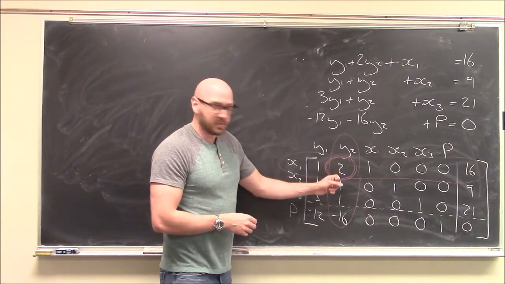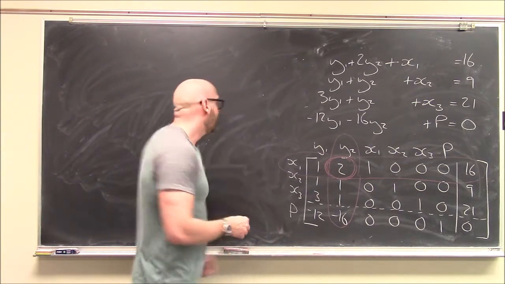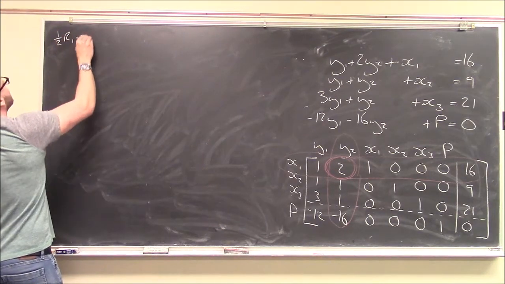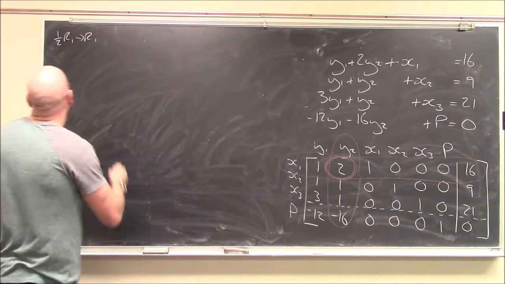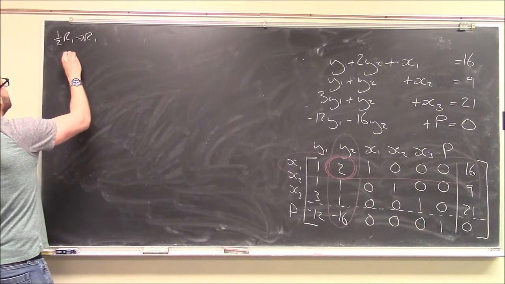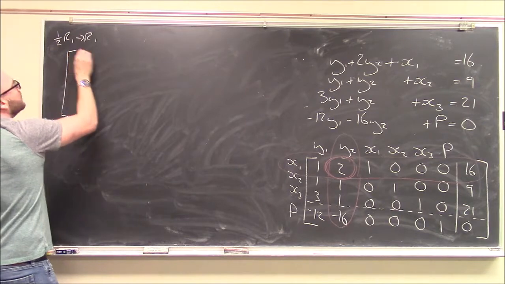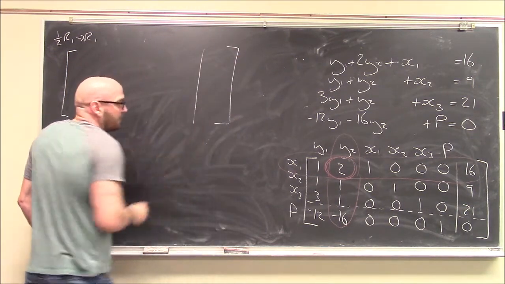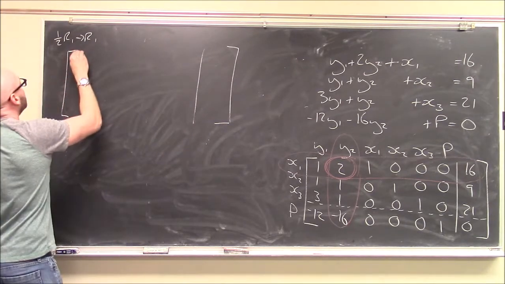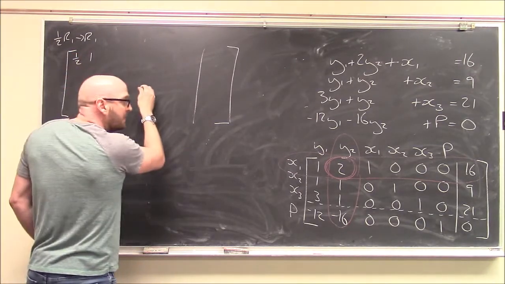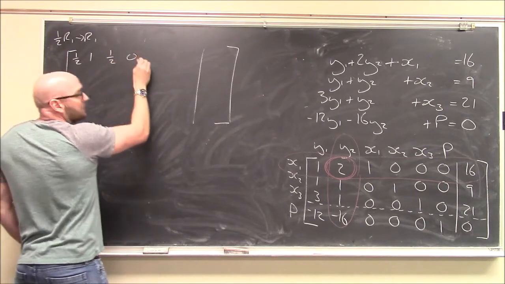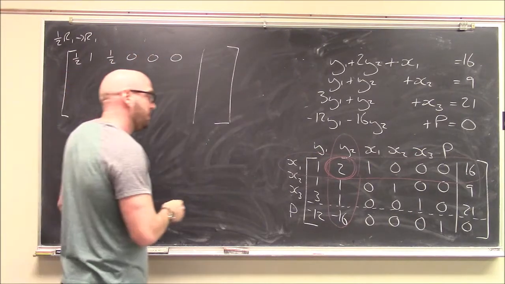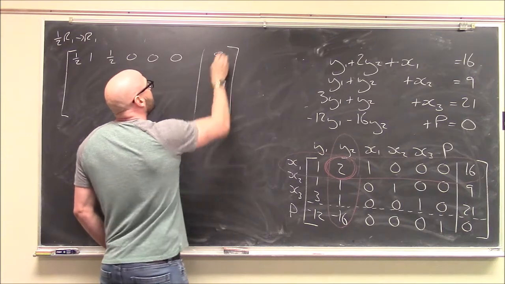So what do? Well, first thing we do is I want to rescale this entry to a 1. So we're going to do 1/2 of row 1 becomes our new row 1. This should be a fairly straightforward process, hopefully. 1/2 of row 1: I've got 1/2, 1, 1/2, 0, 0, 0, and 16 over 2 is 8.